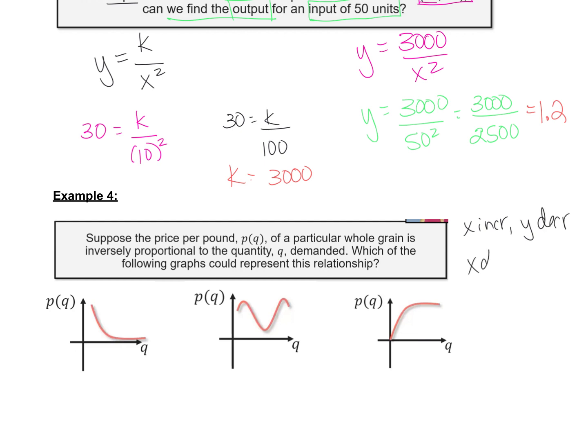Or if X decreases, Y increases, okay? Well, if I look at all of these functions, what's happening to every X value? It's increasing, okay? Which means the one I want is the one where the Y values decrease, all right? Which means, do they go up or do they go down? They go down. Which one's going to do that? The first one. Congratulations.